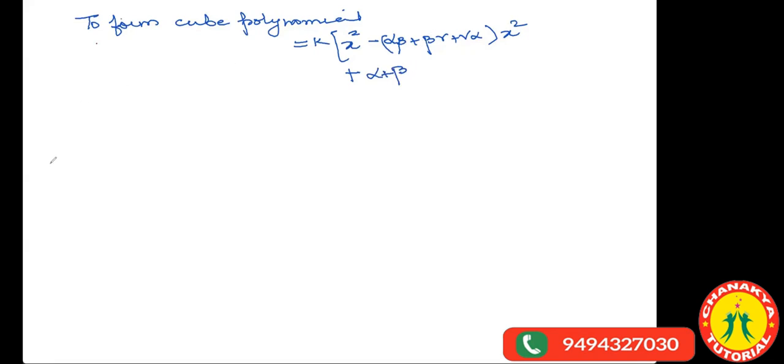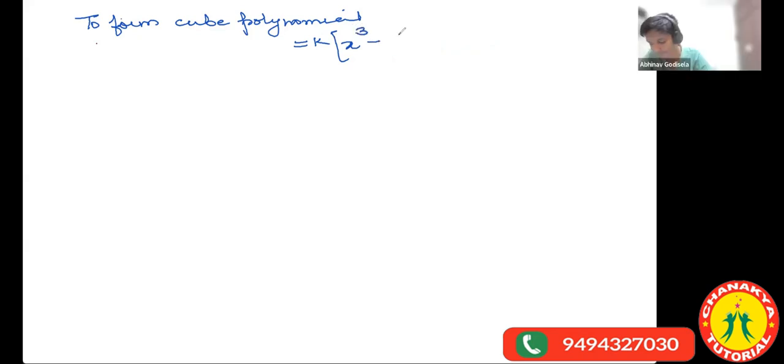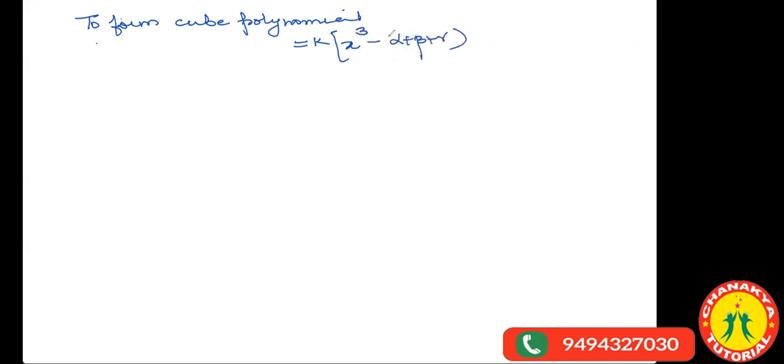Wait. Please don't write it. X cube minus, I have written here x square. Nobody is telling me. Okay. The formula is x cube minus sum of the zeros, so alpha plus beta plus gamma into x square, plus sum of the product of zeros taken two at a time, so alpha beta plus beta gamma plus gamma alpha into x, minus product of the zeros.